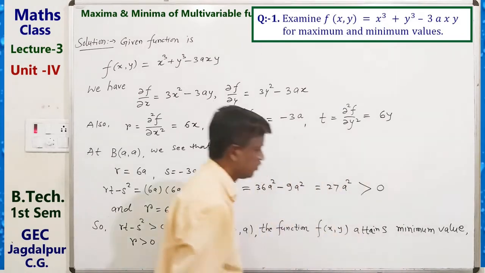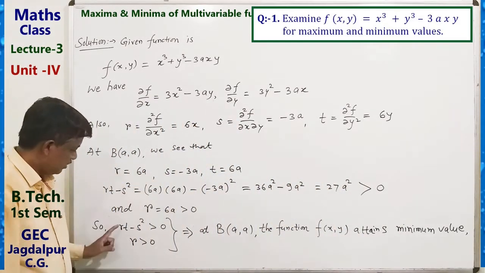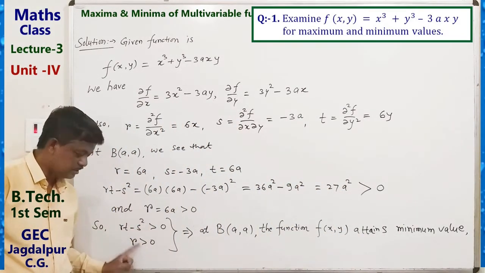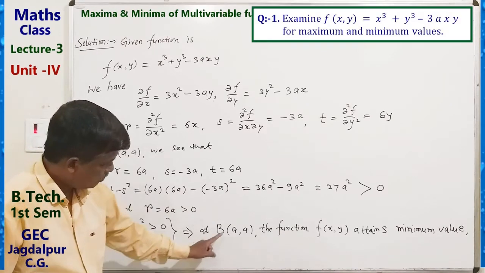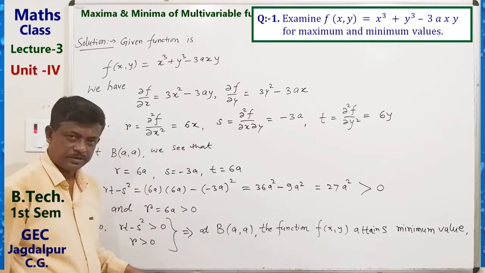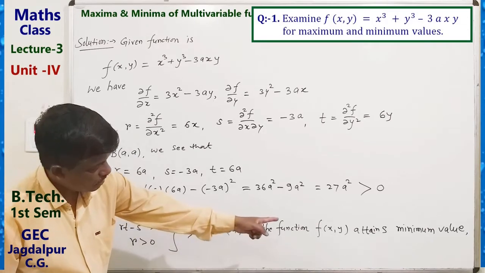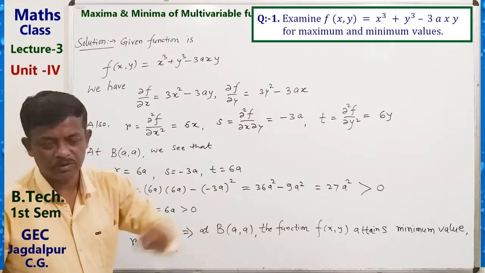Minimum value. Clear? This is greater than 0 and this is greater than 0. So at this point (a, a), the function f(x,y) attains its minimum value.